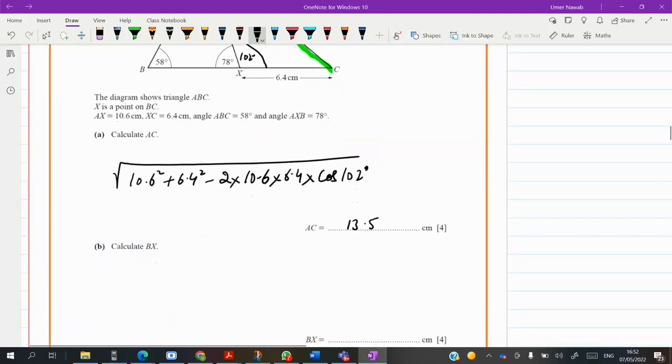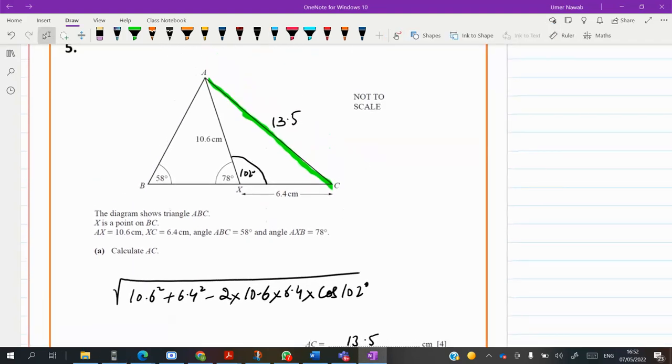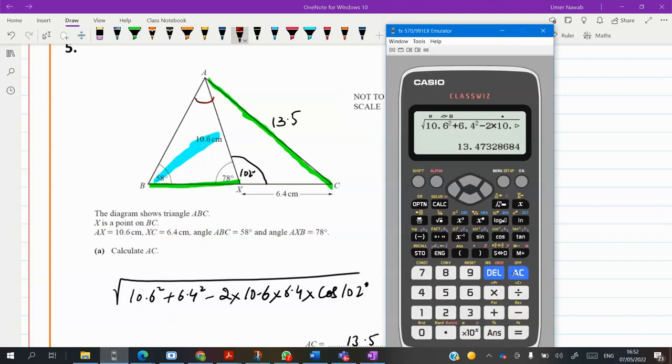After this, he said BX is to be calculated. BX. So we have this pair complete. We need to get this angle first. 180 minus 58 plus 78, 44.